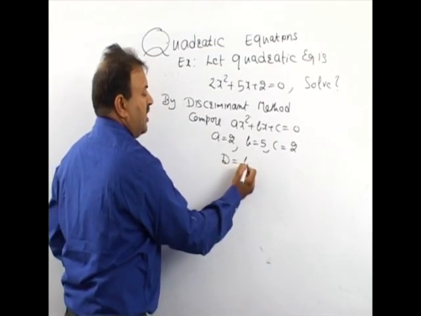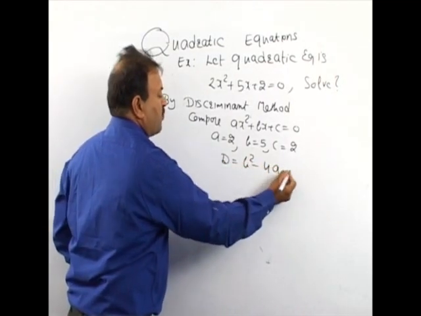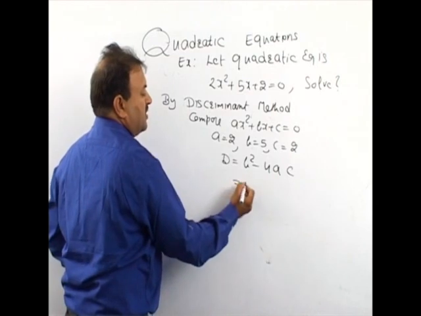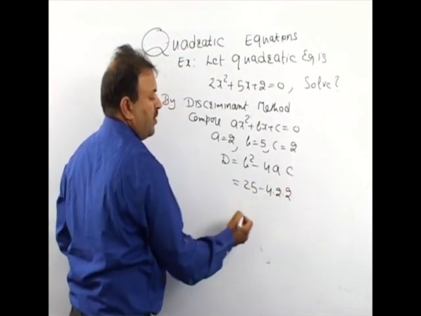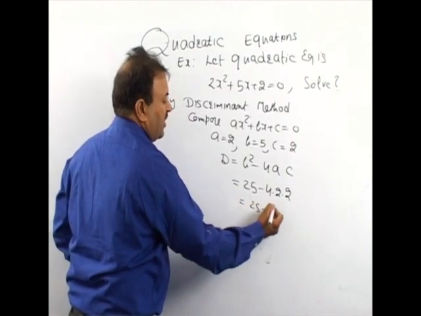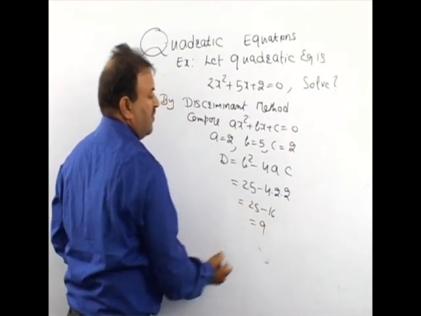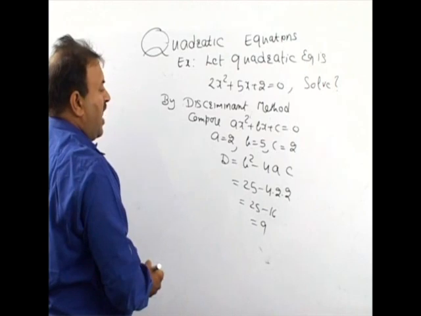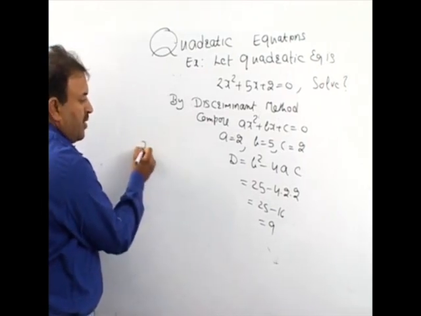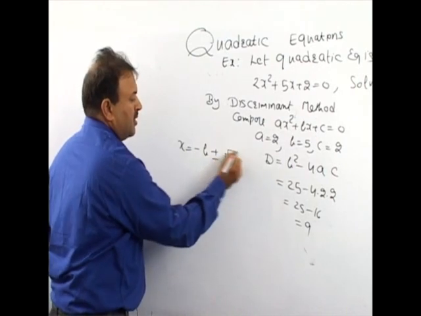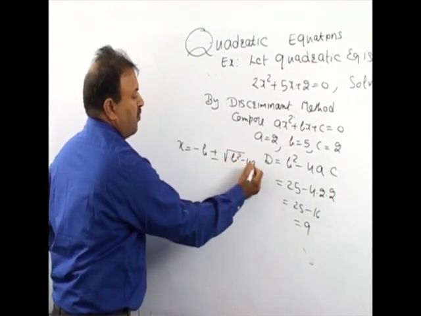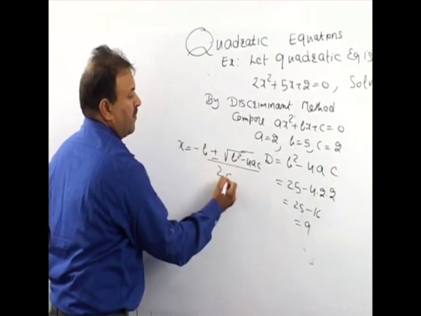Discriminant is equal to b square minus 4ac, 25 minus 4 into 2 into 2. We get 25 minus 16, we get 9. Then x we can solve it. x is equal to minus b plus minus root of b square minus 4ac upon 2a.